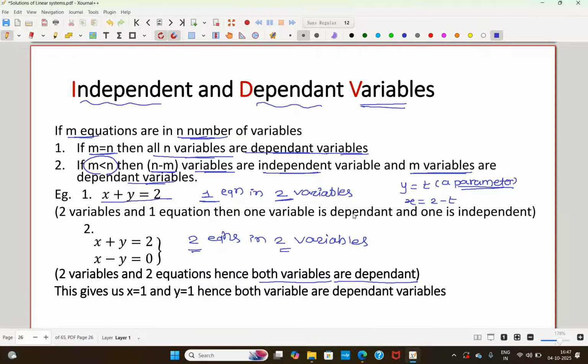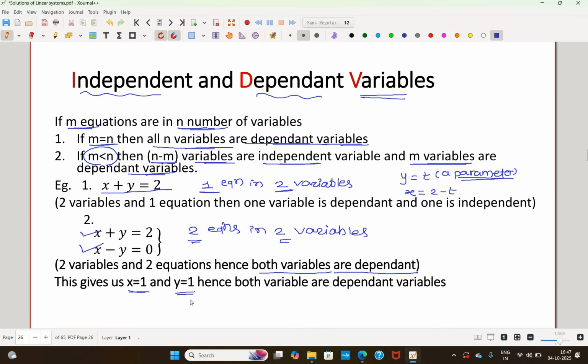In this case, we can find the values of x and y by solving all the equations simultaneously. Solving it simultaneously for this system, we are going to get x is equal to 1, y is equal to 1. Hence, both variables are dependent variables.